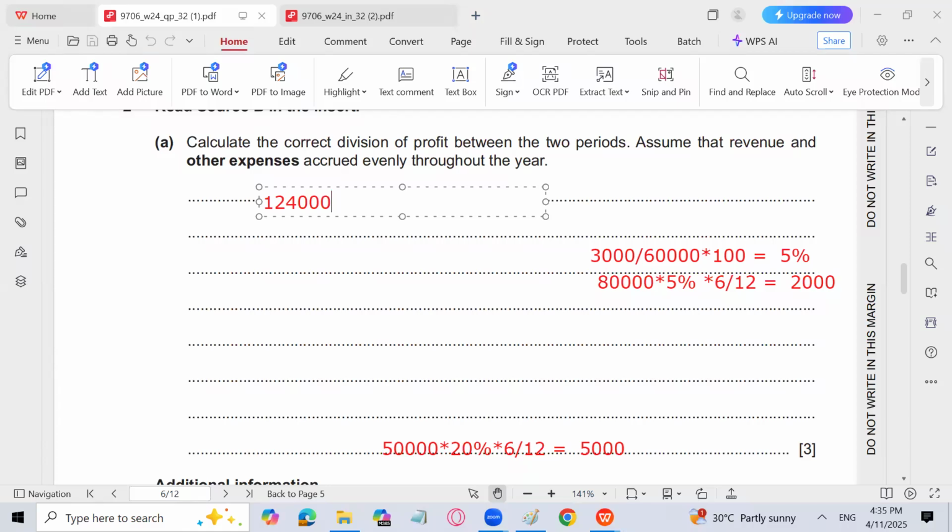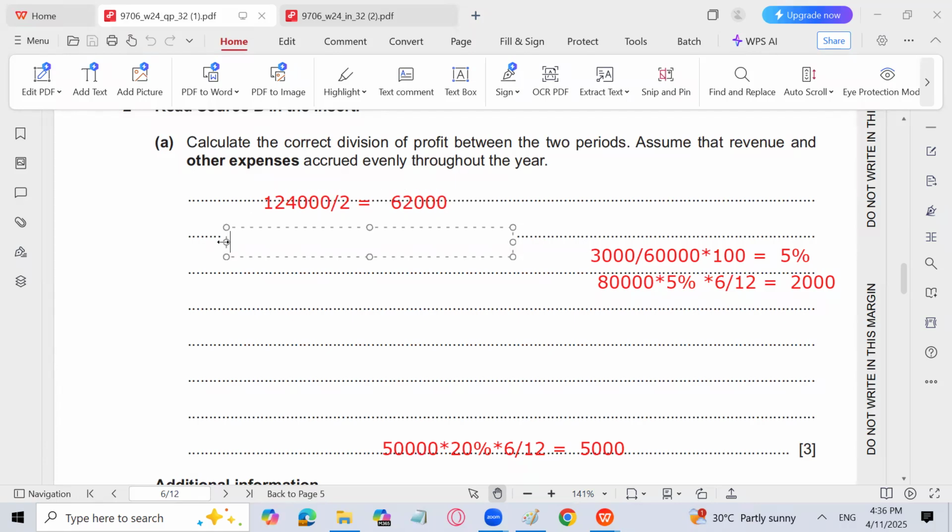So 6 months profit relates to the first part and 6 months relates to the second part. So we'll calculate 124,000 divided by 2, or into 6/12. How much is that going to be? 124,000 divided by 2 is 62,000.